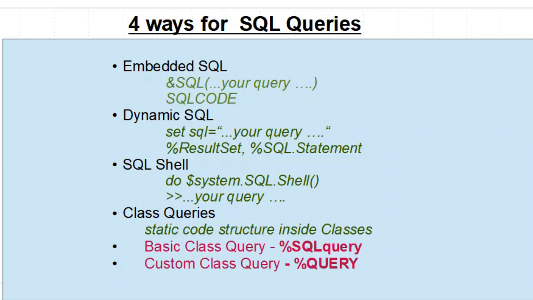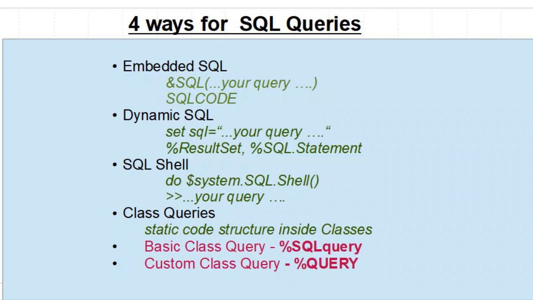There's the basic class query using %SQLQuery, which is more or less similar to the embedded SQL, except that you can present it also as SQL procedure and use it from outside, something that is not possible with the other 3 variations.